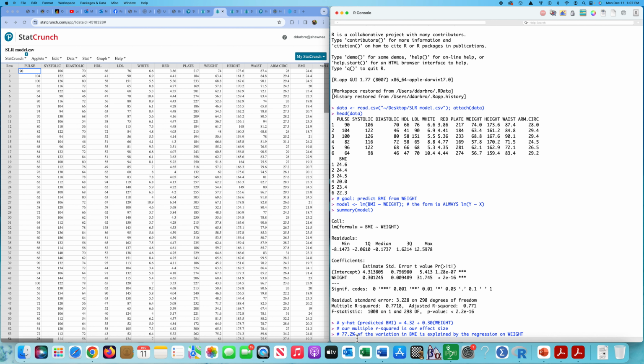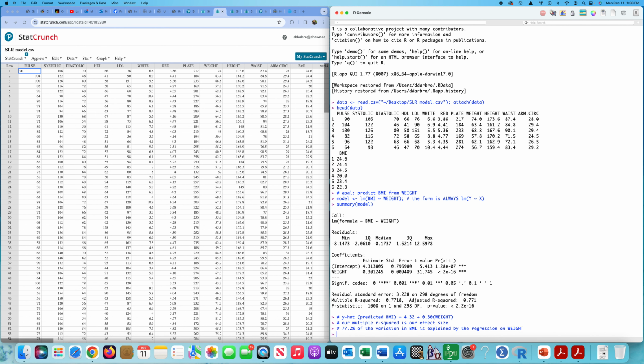In general, 77.2% of the variation in y is explained by the regression on x. Most students, when they see it the first time, it makes no sense to them. But again, we're trying to explain how much variation in BMI we can explain by having the measurement of weight on the patient, the subject. This is a technical, correct way of stating that. So multiple R squared is extremely important to be able to report and to understand.